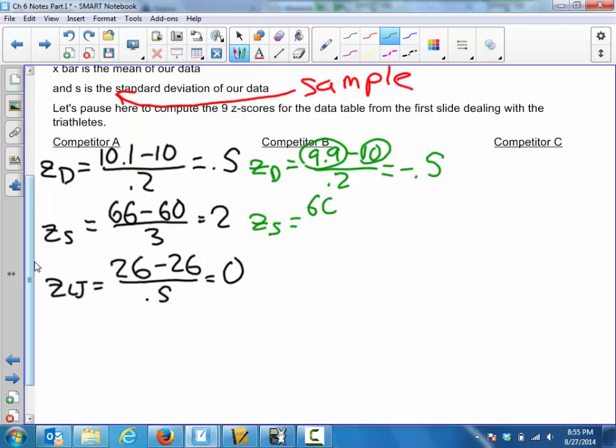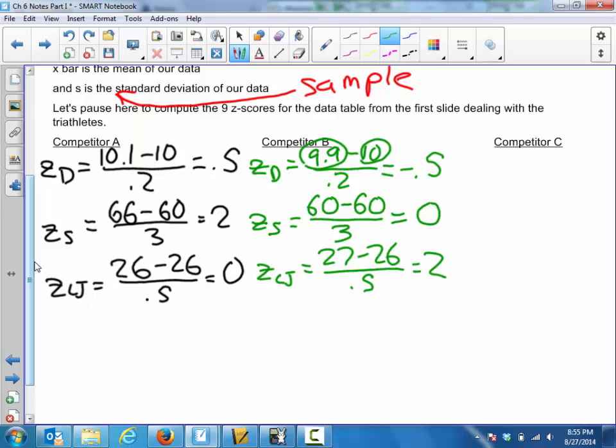Okay, so shot put. How did competitor B perform there? Well, 60 feet for her distance minus the 60 feet for the mean, divided by the standard deviation of 3, so right at average. Competitor B performed average in shot put. And then the last piece, long jump distance, that's equal to, she had 27 feet minus the mean of 26 feet over 0.5 feet.